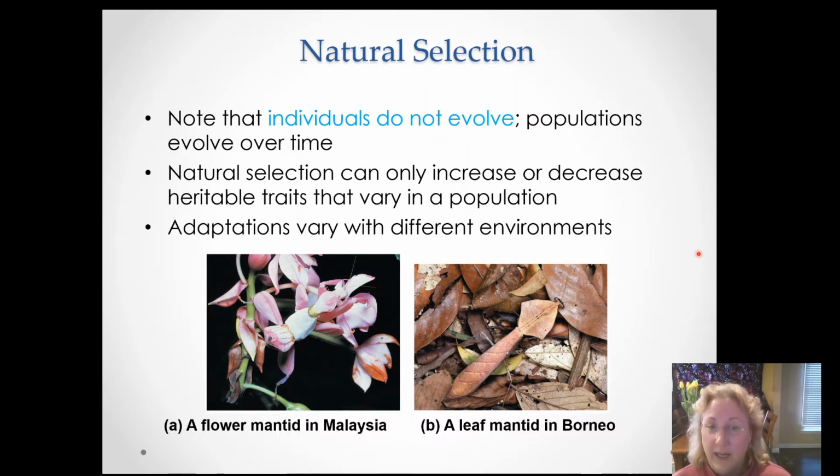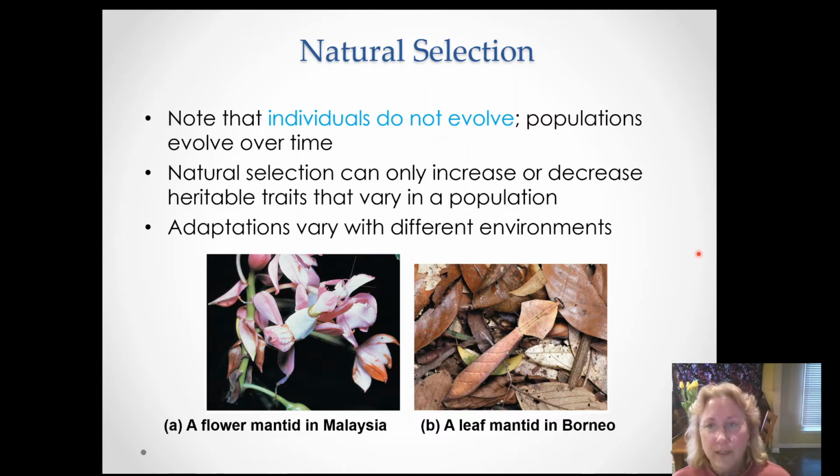If they are good adaptations and they allow that individual to survive and reproduce, then in the next generation there will be more individuals carrying that particular trait. So an adaptation is environment specific. Natural selection cannot force an adaptation to appear just because it's needed.